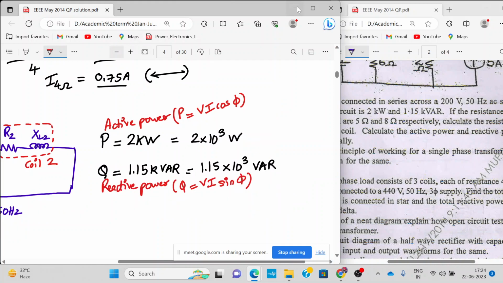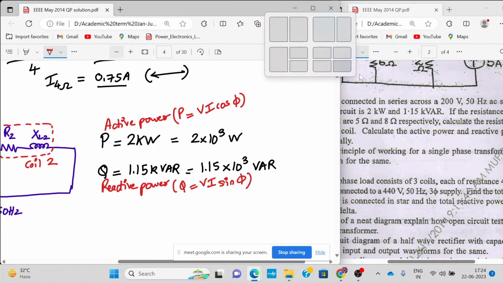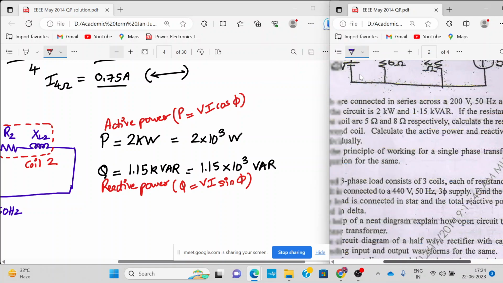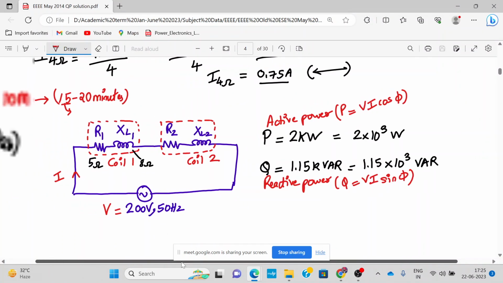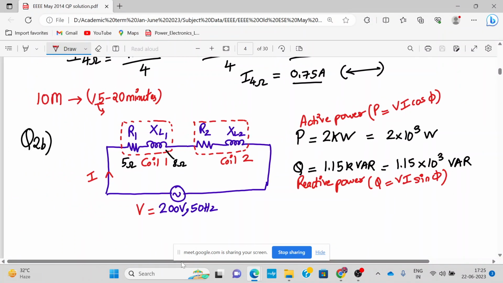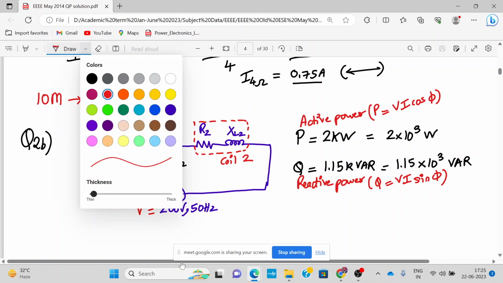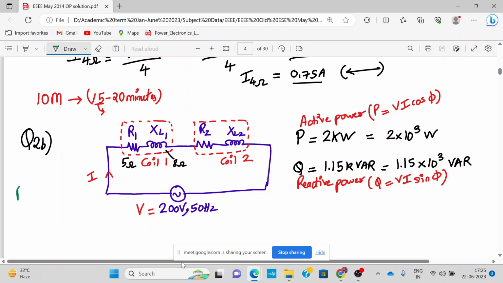The story is clear to you. What we need to find out, and also we need to find out active and reactive power for both the coils individually. So basically, we have to find out R2. We have to find out XL2. Then let us call coil 1 as P1, active power. This is total power, total reactive and active power.